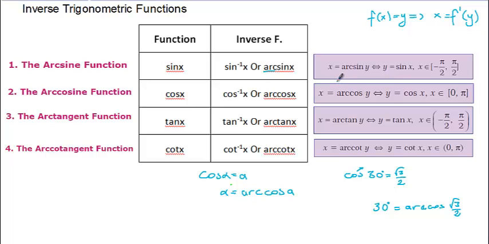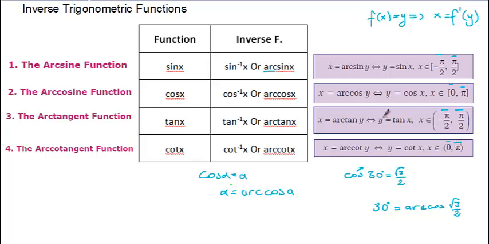And we also have the definition intervals on this page. The inverse trigonometric function should be defined between minus pi over 2 and pi over 2 for sine, between 0 and pi for cosine, between minus pi over 2 and pi over 2 for tangent, and for cotangent, arc cotangent, it should be defined between 0 and pi.